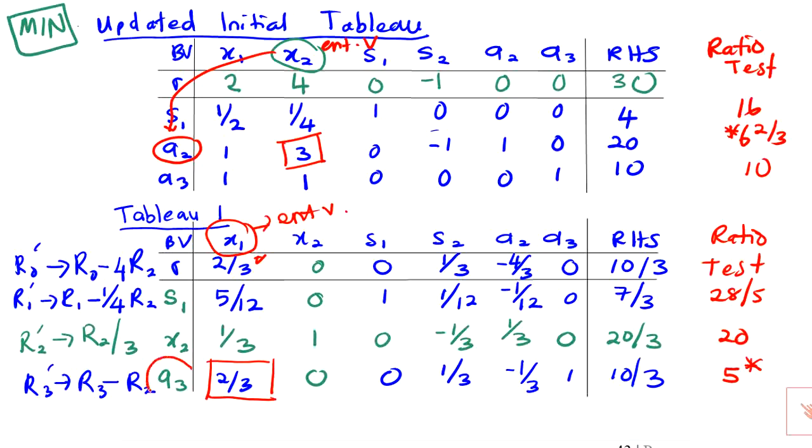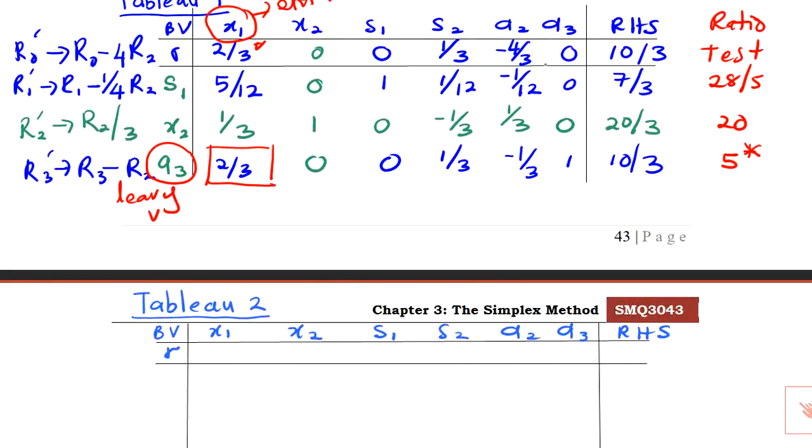And A3 will be the leaving variable for the next tableau. So in tableau 2, the BVs are S1, X2, and X1.